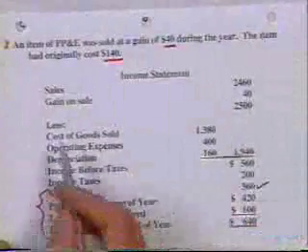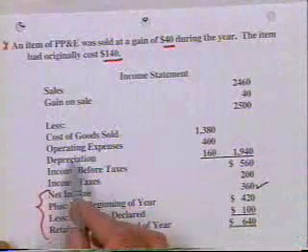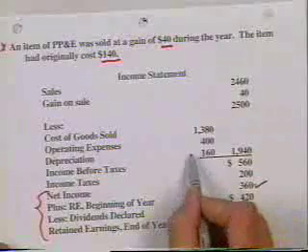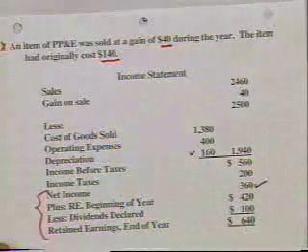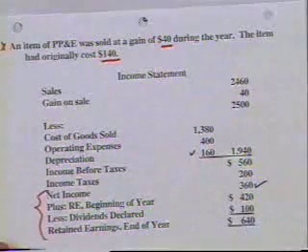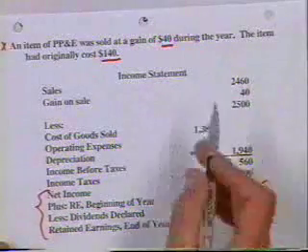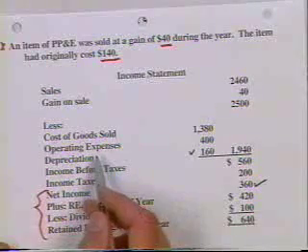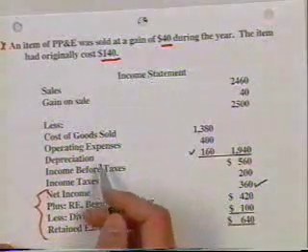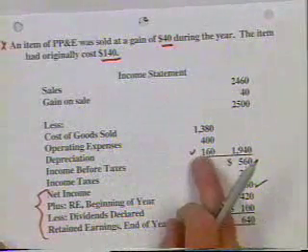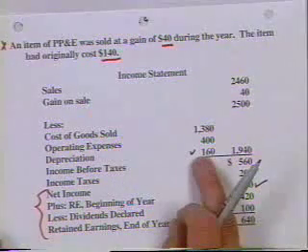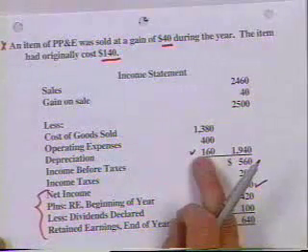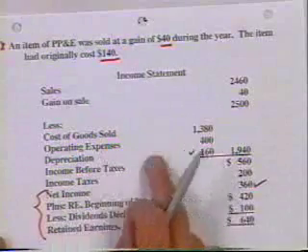So in this case, we go down and we see depreciation for 160. That is an expense on the income statement, but it is not a cash outflow. All these other items, cost of goods sold, operating expenses, in general would involve cash outflows. But depreciation comes from an asset that we could have purchased last year or the year before or whenever. Hence, that is not a cash outflow.